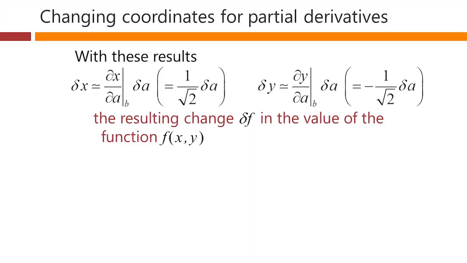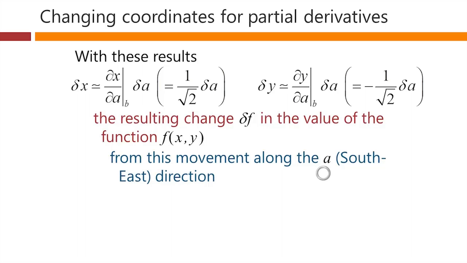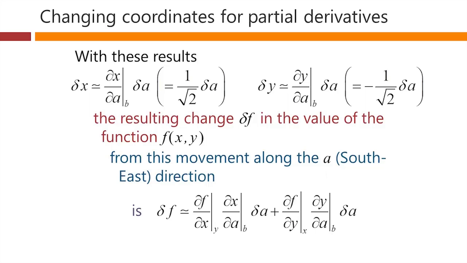The resulting change delta f, in the value of the function f, from this movement along the a, or the southeast direction, is delta f equals partial df by dx at constant y times our delta x here, which is partial dx by dA at constant b, times delta a. And similarly for our movement along the y direction here, that's our delta y as a result of our delta a. So we multiply that by partial df by dy at constant x.